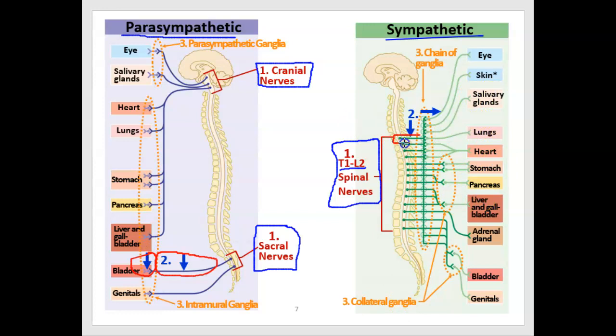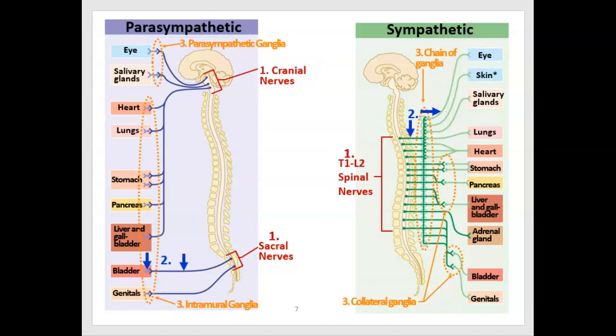The first neuron, the preganglionic neuron, is short, and the second is long. So the second neuron is much longer. Therefore, that sets up a different location for the ganglia. So the ganglia are also located in different places, depending on which division you're talking about.